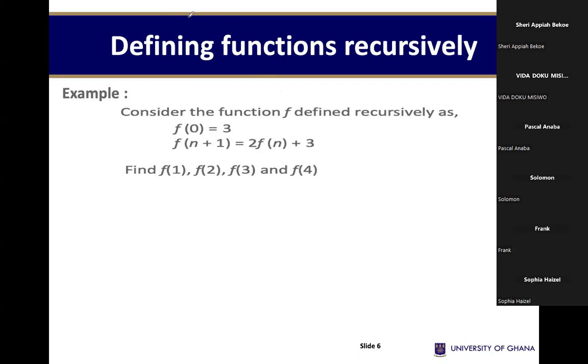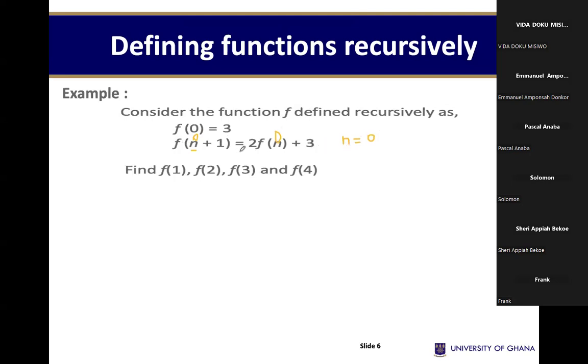If your n is equal to 0, you realize that the whole of this part will be 0, right? If I make this n to be 0, then I have 0 plus 1. That is making a substitution n equals to 0. Please, are we okay? So if I do that, then I can have f of 0 plus 1 to be equal to 2f of 0 plus 3.